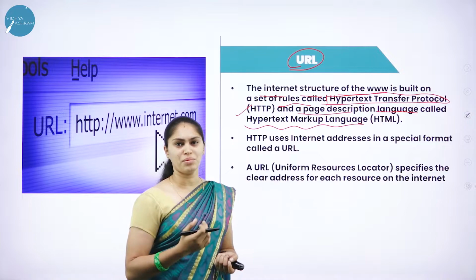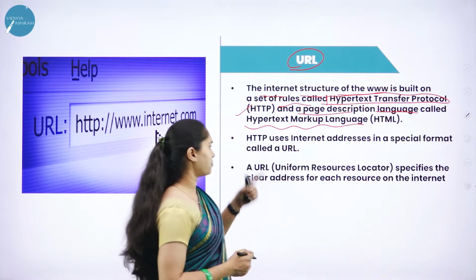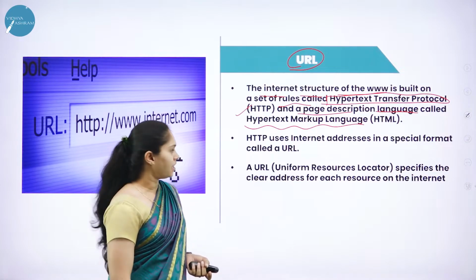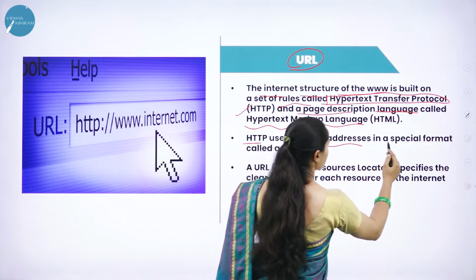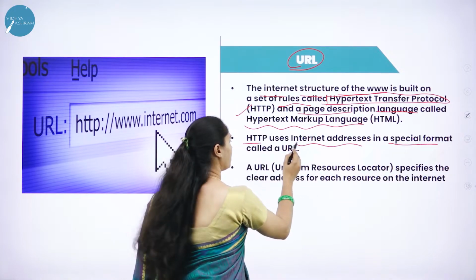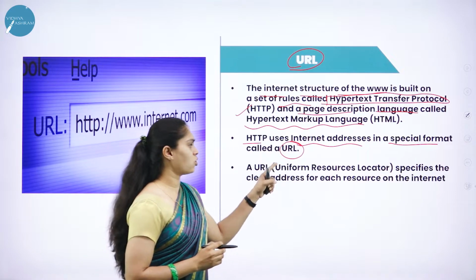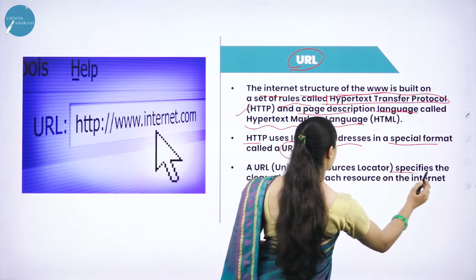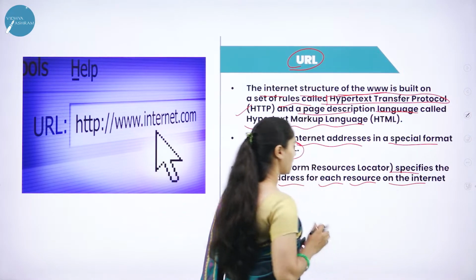In order to communicate with HTTP, we have a language called HTML, that is hypertext markup language. This HTTP uses the internet address in a special format, which is called what? URL, uniform resource locator, that specifies the clear address of each resource on the internet.